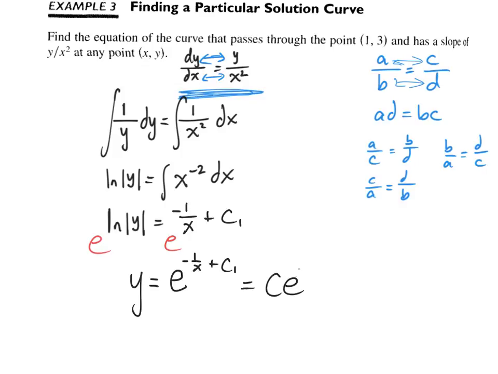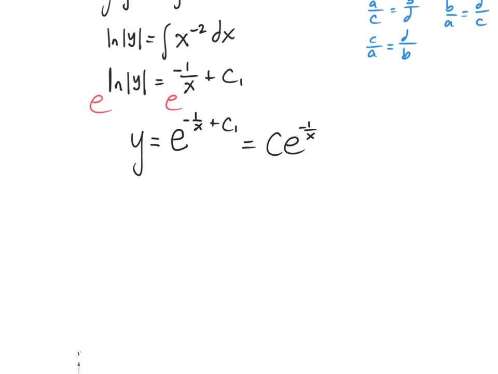You can say c, whatever you want. That's right, just math, as long as I call those other c's something, right? And then I need to apply my initial condition, I don't remember it. You have to look it up. What was it? y of 1 is equal to 3.